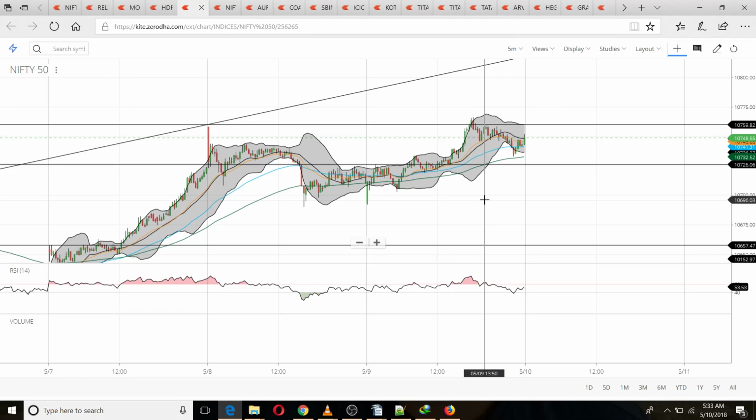It has its own pace. We always have to move our positions in the direction of price movement. It will not happen otherwise. If we have taken a short position, it will not say, okay, this guy has taken a short position, now it should go down. That is not going to happen.